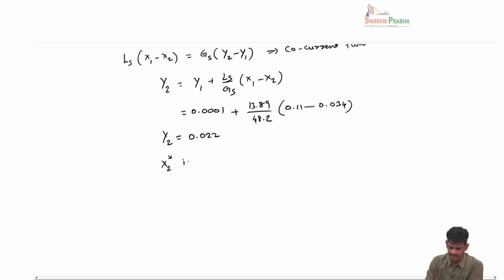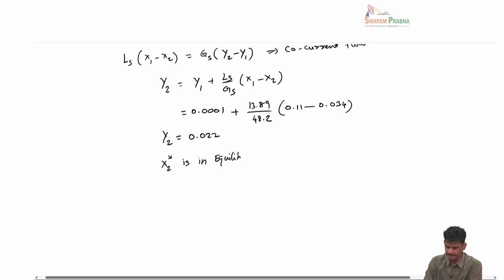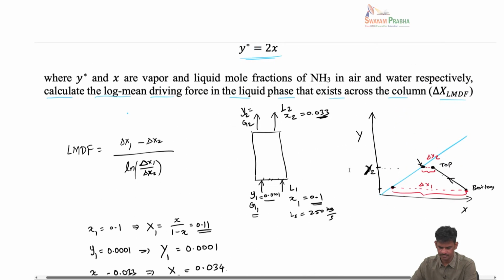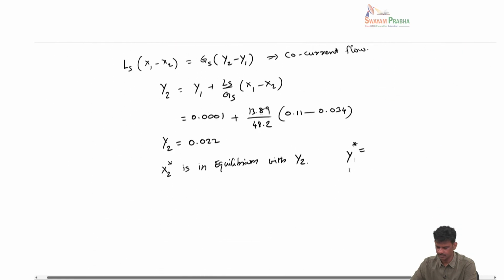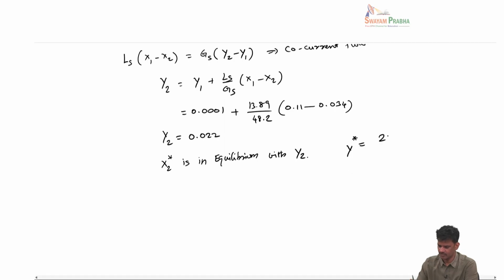X2 star is in equilibrium with Y2. So we use the equilibrium line, which is nothing but this is the equilibrium line equation.